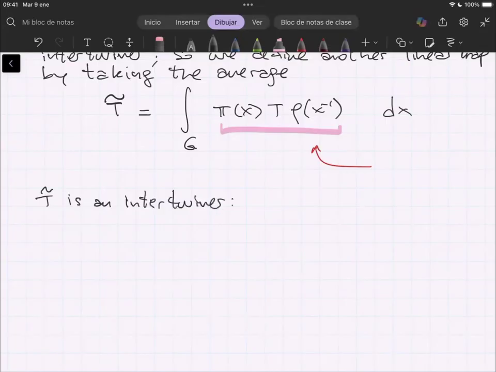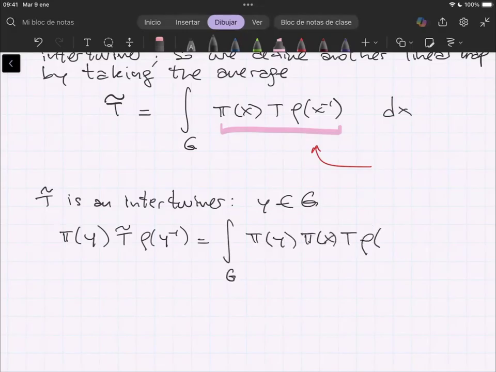So let's prove that. Let's take a y in G. Let's prove that it is an intertwiner. So let's compute pi of y T tilde rho of y minus 1. And this is by definition the integral of pi of y pi of x T rho of x minus 1 rho of y minus 1 dx.